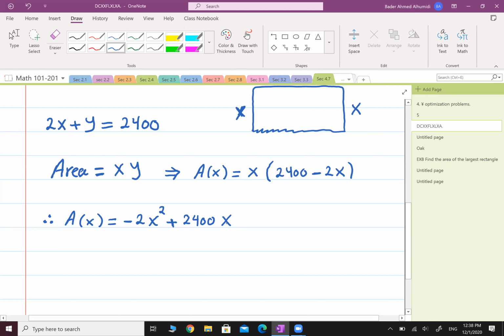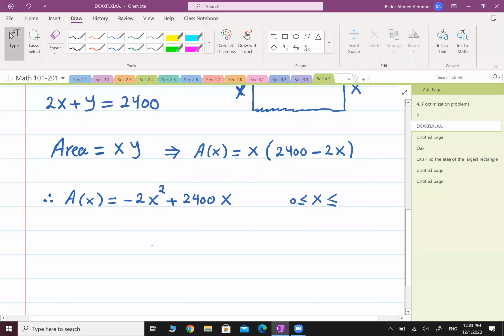Is x only greater than or equal to 0? No, it is also bounded. This quantity, 2400 minus 2x, must be greater than or equal to 0, because it represents the value of y, and y is also positive.